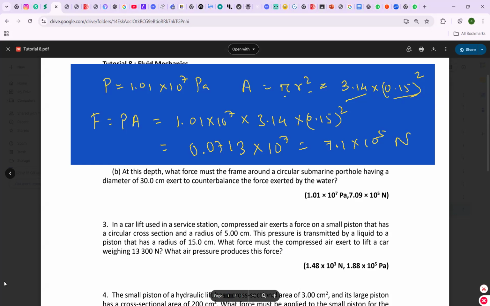So pressure into area will be 1.01 into 10 to the power 7 into 3.14 into 0.15 square. It is 0.713 into 10 to the power 7. That is coming to be 7.13. I am getting this one.